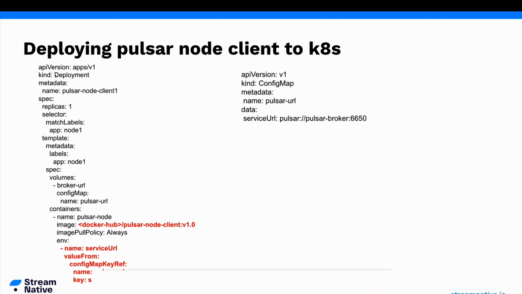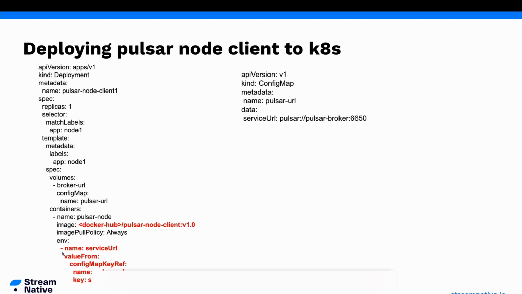This template is basically a Pulsar client deployment template. You specify the image location, and remember the environment. The environment name, remember, is the service URL, and it takes its value from a config map.